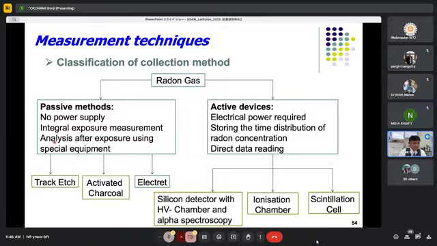This technique needs analysis after exposure using special equipment, track etch, activated charcoal, and electret. In the case of active devices, active methods, electric power required.